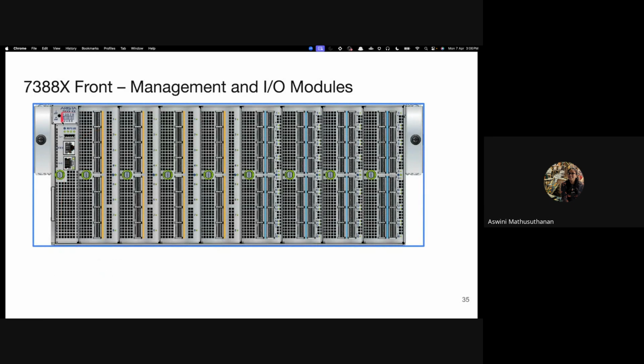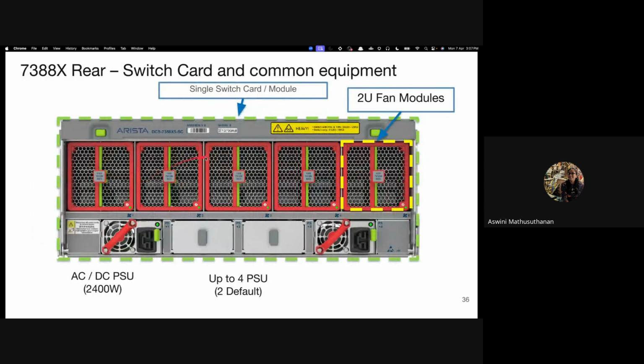So this is how the Monterey chassis are there. Looks like the line cards are eight line cards, and yeah, each operating at 400 gigs or 200 gigs. The speed is mentioned here. The supervisor is this side, and the switch card here can be removed from the rear side.